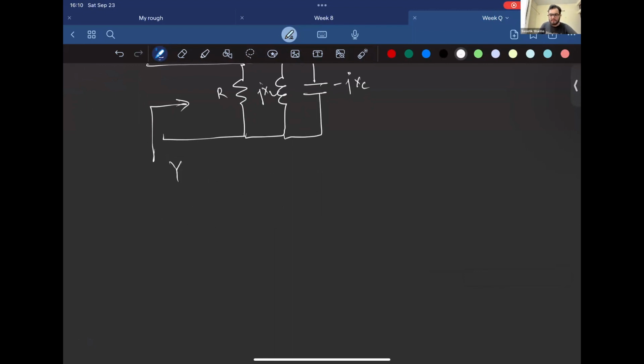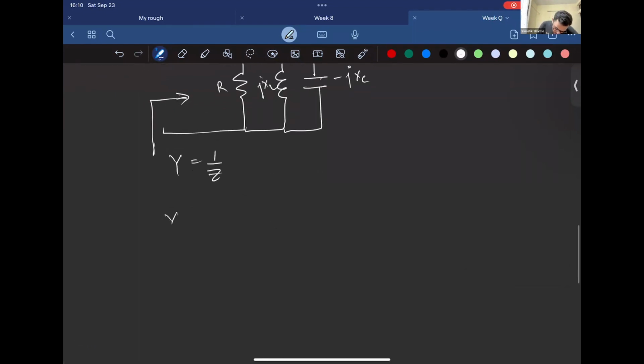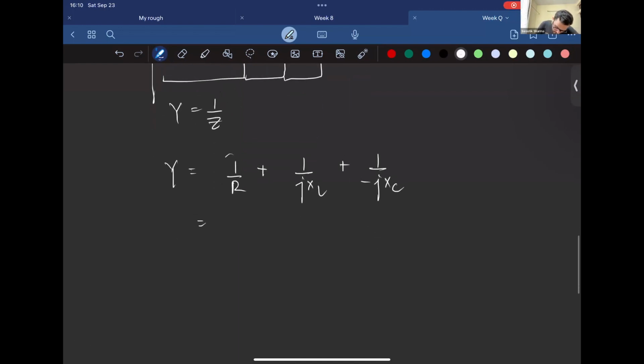What is admittance? Admittance is the reciprocal of impedance, right? So the admittance is going to be 1 over R plus 1 over j times XL plus 1 over minus j times XC. Now 1 over R is conductance and 1 over X is called susceptance.